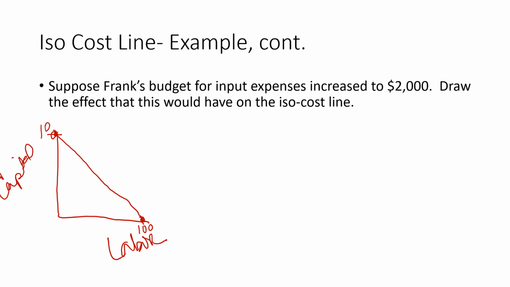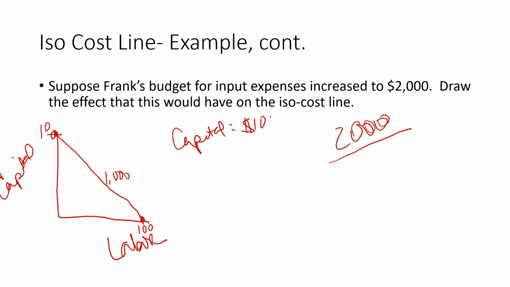If his input expense budget increases to 2,000, so this was at a budget of 1,000, if it increases to 2,000 and all the other prices stay the same, so we have 2,000 divided by, we knew that capital costs 100, labor costs 10.